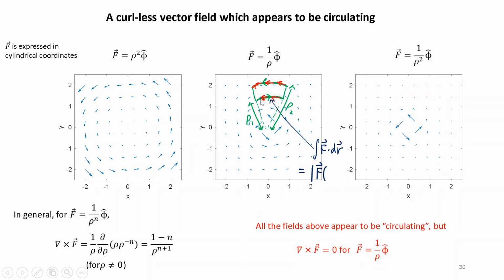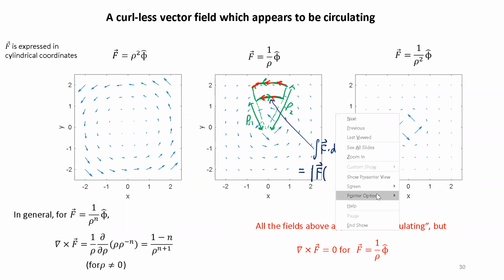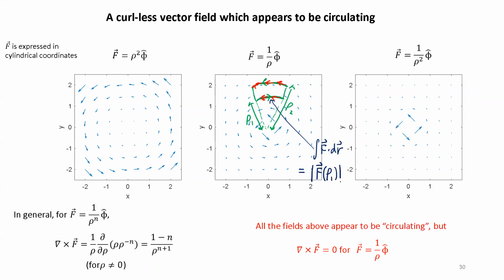The line integral for this smaller arc is the magnitude of the force along this line times the length of this arc.